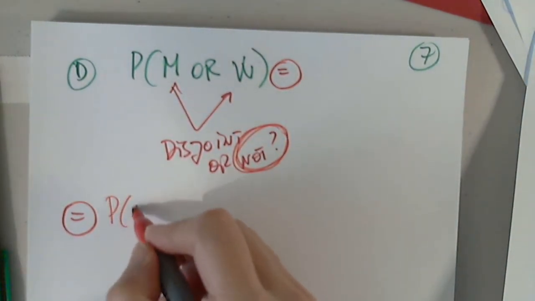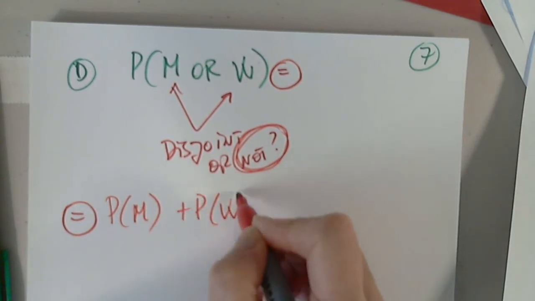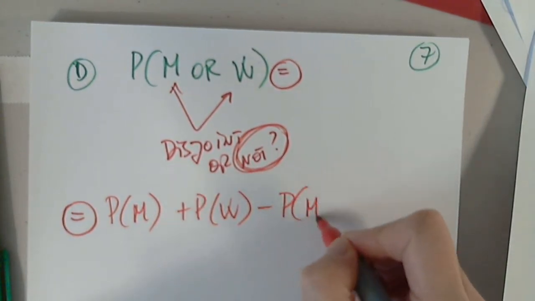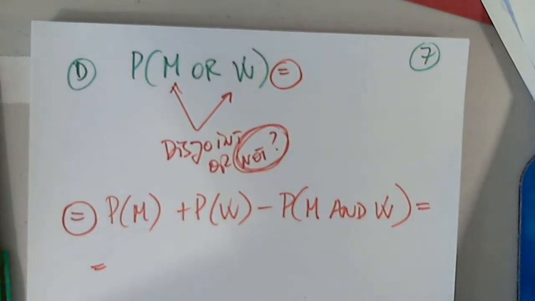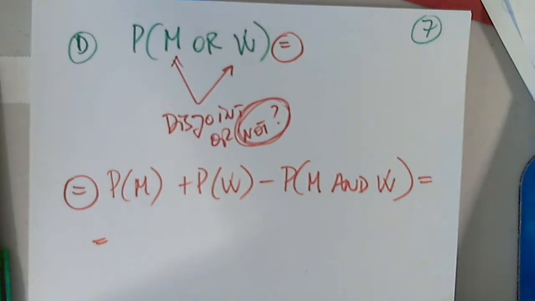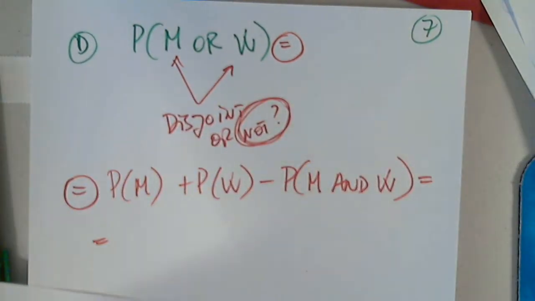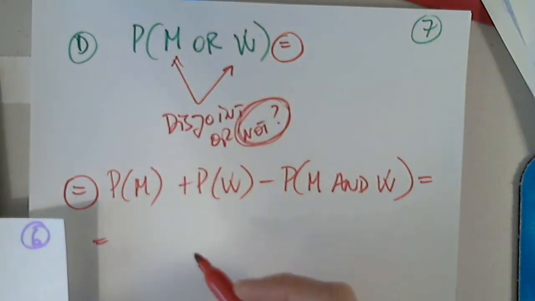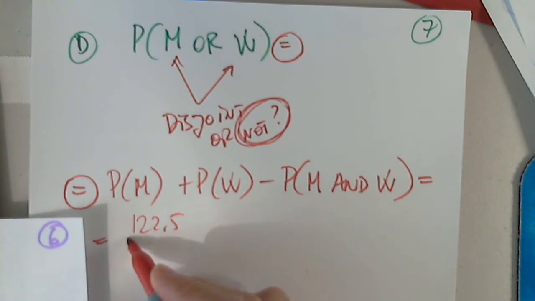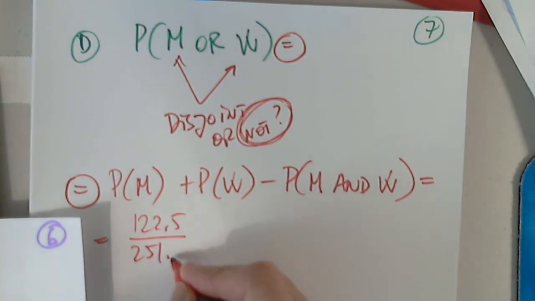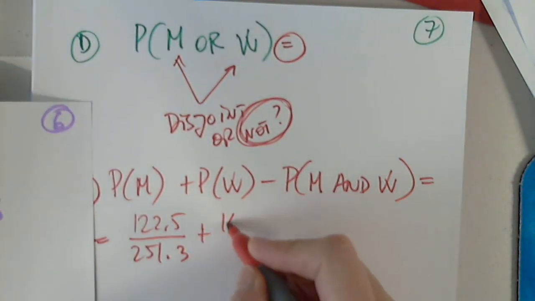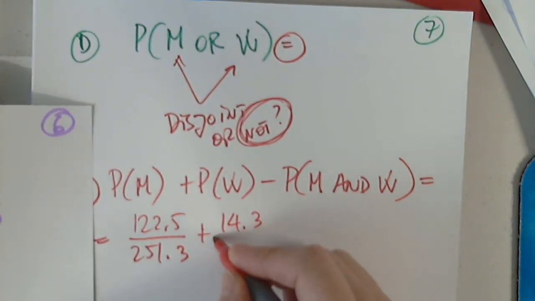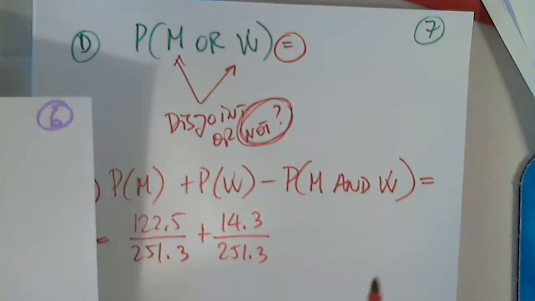So I have to write P of M plus P of W minus P of M and W at the same time. Great job. Do we have P of M? Of course. 122.5 over 251.3. Do we have P of W? Yes, we do. 14.3 divided by 251.3.